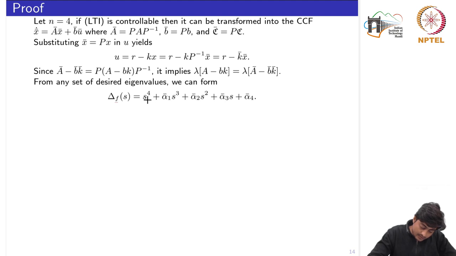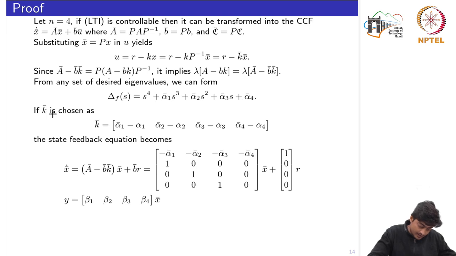So using those eigenvalues we can compute this characteristic polynomial, which is nothing but the determinant of sI minus A of that matrix. And since A is 4-dimensional, the degree of this polynomial is 4, with some coefficients alpha 1 bar to alpha 4 bar, right? So we also have the information of all these coefficients from the given set of desired eigenvalues.